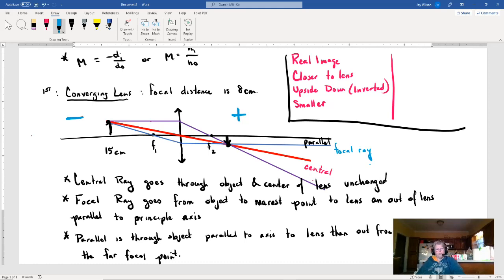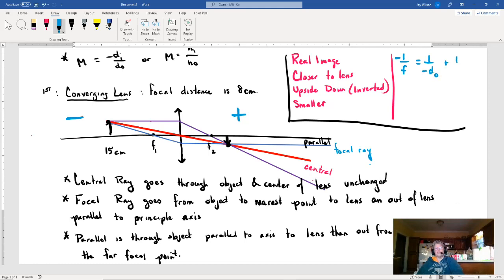Number 1. Is our focal point positive or negative? Well, our focal point is on the same side as the object. So there we go. Our object is on the same side.